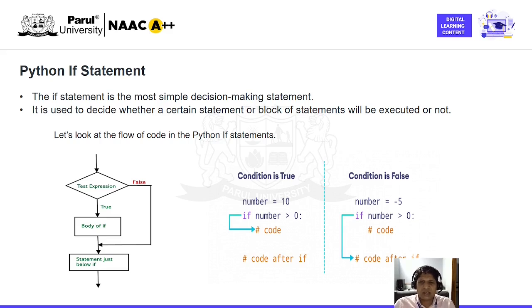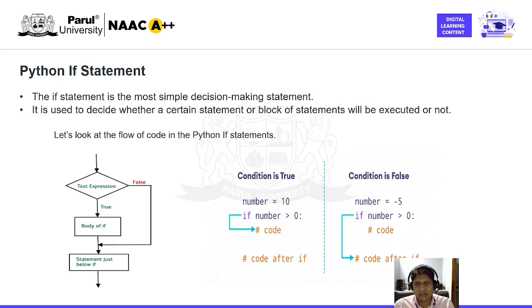If the statement is false, because the if statement works on boolean condition. Boolean condition means the output of the condition is either true or false, it is used to decide whether a certain statement or block of statements will be executed or not. If the condition is true, then the block of statements will be executed, otherwise it will not be executed.